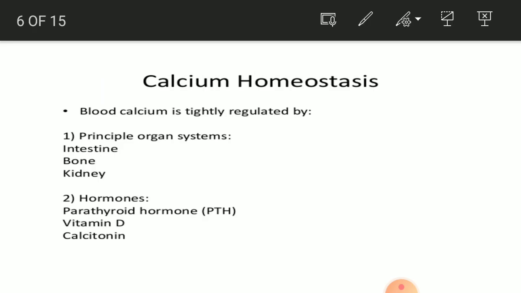These three are the principal organ systems responsible for regulating calcium levels of the body: intestine, bone and kidney. And the major hormones responsible for the calcium balance are parathyroid hormone, vitamin D or calcitriol and calcitonin.